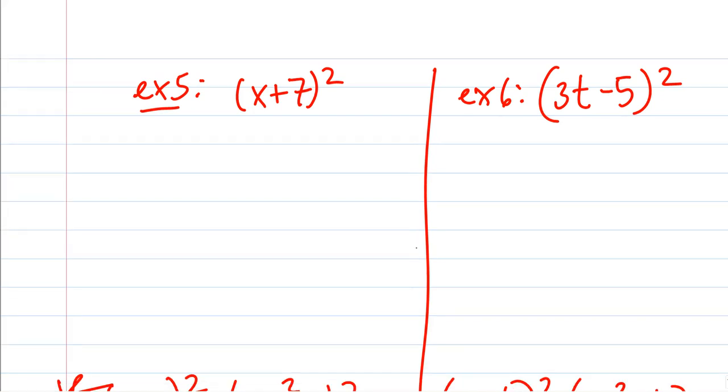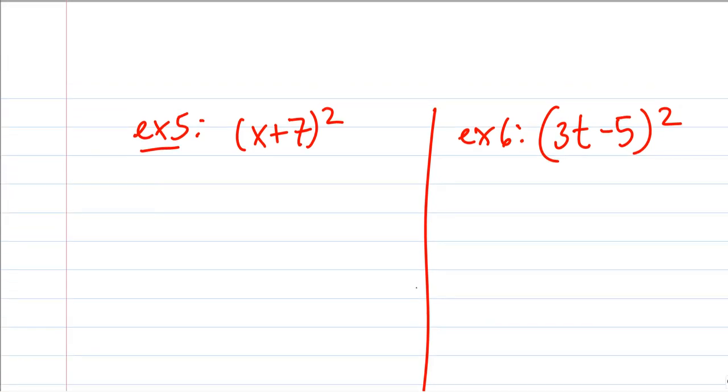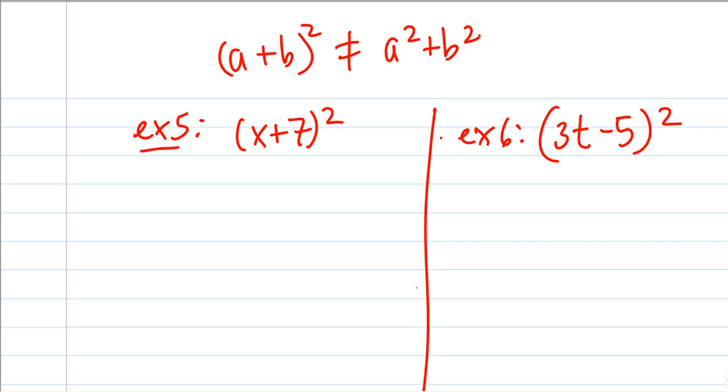What is x plus 7 squared? Okay, once again, a plus b squared is not a squared plus b squared. Don't do it. It's a trap. You put x squared plus 49 with no work, you're getting no credit. It's completely wrong. What is it? Well, what does x plus 7 squared mean?